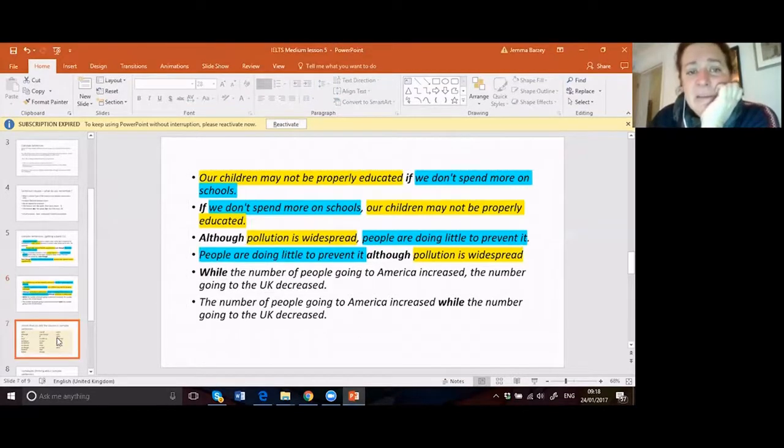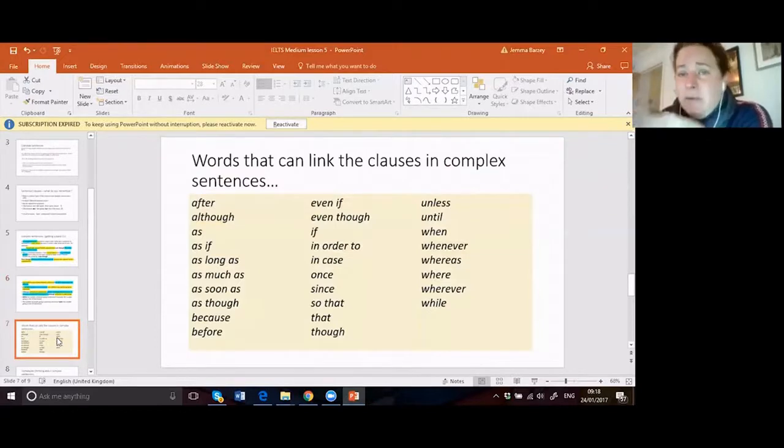So what I've done, these are the kind of words that you need to think about that link clauses in complex sentences. Okay. So in your basic sentences or your more simpler sentences, you've got the and, but, so, which are quite simple words. And then here, you need to be joining sentences with these kind of words, okay?